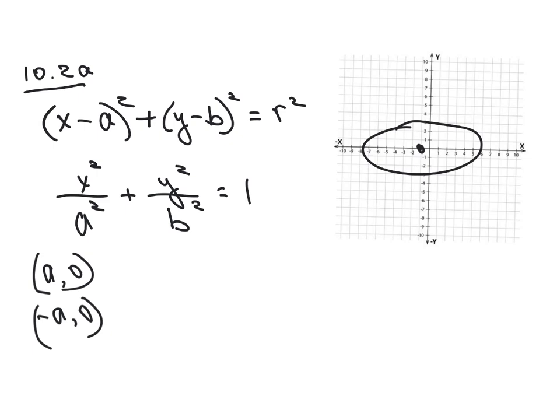And then where it crosses the y-axis is going to be (0, b) and (0, negative b). So we're going to go left to right 0 and up b or down b from the center. So those are the 4 points that you need in order to find where it crosses the x and the y-axis. So if you've got your center point there and you know these 4 points, you can get an idea of how to draw this ellipse here.